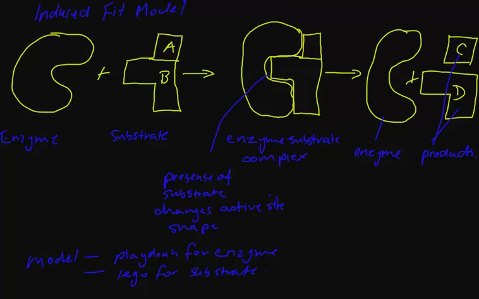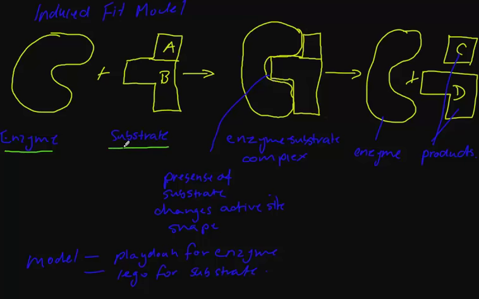So a little bit of a revision of what we've been looking at. We have enzymes, which are proteins, and these are globular proteins, meaning they're three-dimensional and they have a specific active site. Now this specific active site matches one specific type of chemical reaction. Now the enzyme acts on a specific substrate.